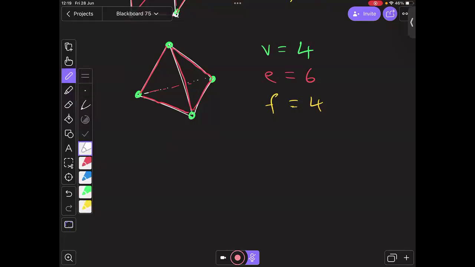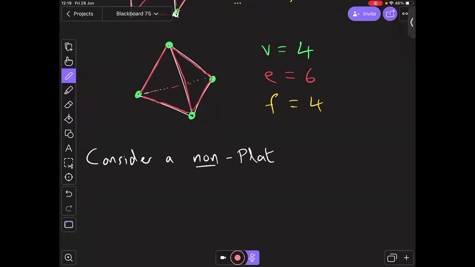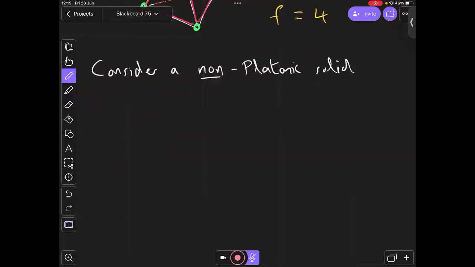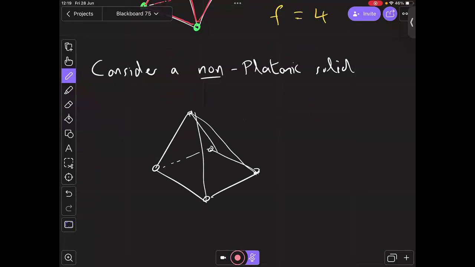Right? So consider a non-Platonic solid. So let's try a square pyramid. This is like one of the pyramids in Egypt, right? Sorry, my picture is very bad. Let me draw this better.